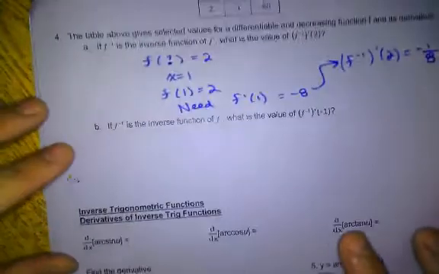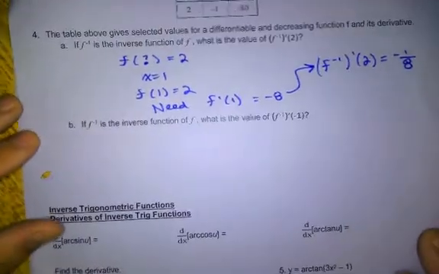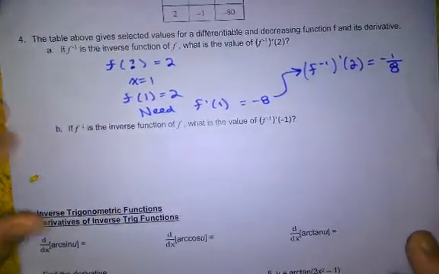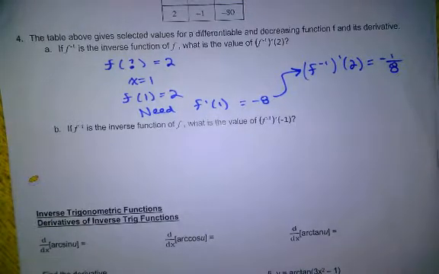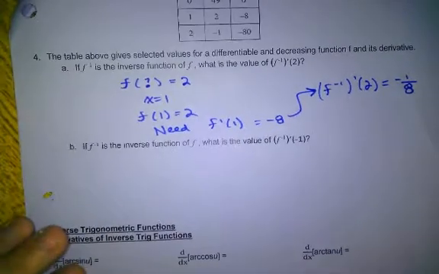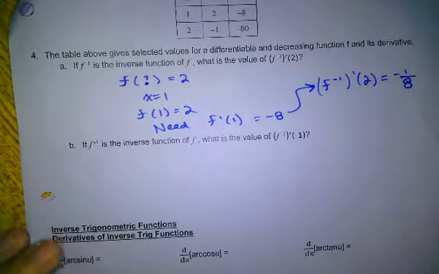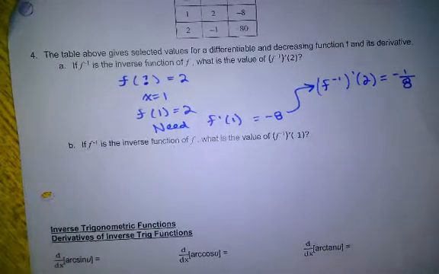So let's go ahead and do B. It should take you about 10 seconds to do B. I'm going to call a random person.